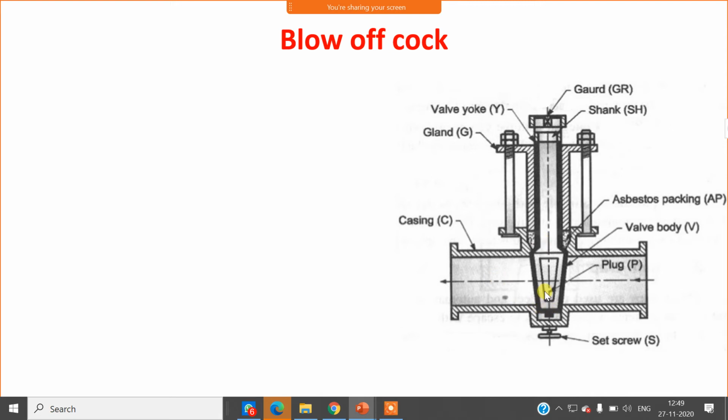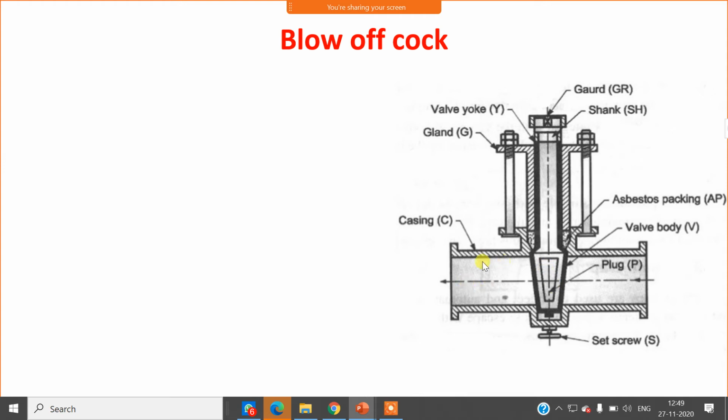If the impurities are not removed, they form scale, which reduces the heat transfer. If the heat transfer rate reduces due to overheating, the boiler can burst and the water tubes can burn out. Therefore, to avoid this, blow off cock is operated after every 5 to 6 hours for removing the mud and impurities from the boiler.